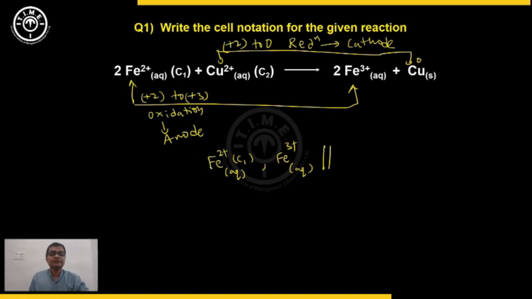And if two species are in the electrolyte, you compulsorily have to use a solid inert electrode, separated by a single vertical line. Next, Cu2+ ion, mention its physical state, aqueous, concentration is C2, vertical line. Then next, copper. This is the cell notation of this reaction.